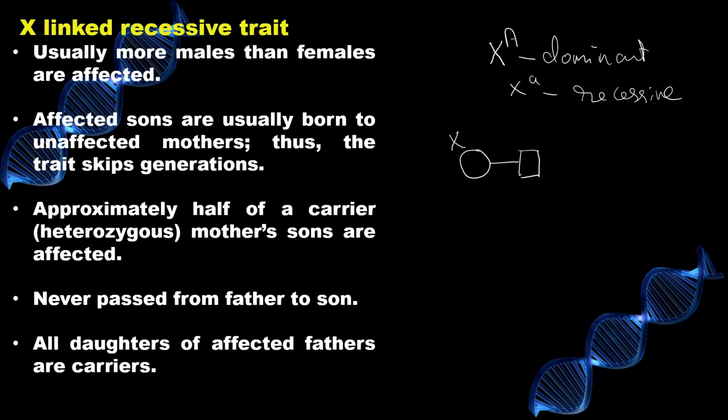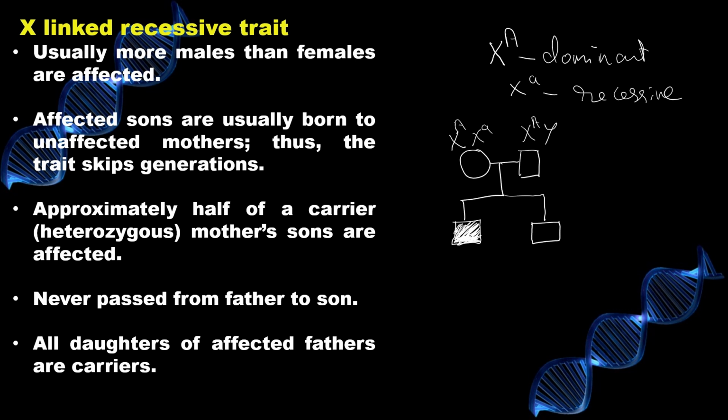So here the condition will be X capital A, X small letter a, married a normal man, means X capital A and Y. They had 2 children, both are male, and the chance for a heterozygous mother is 1/2, so one male will be an affected one and the other will be a non-affected one.